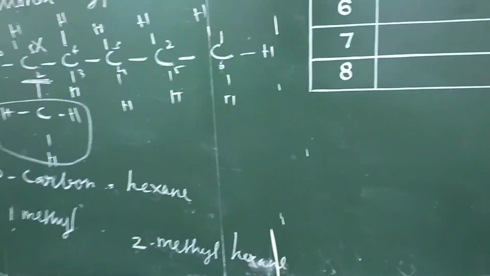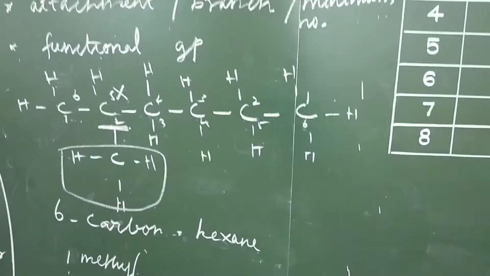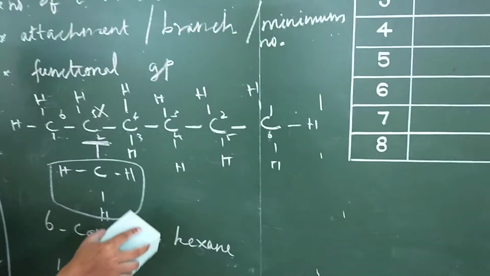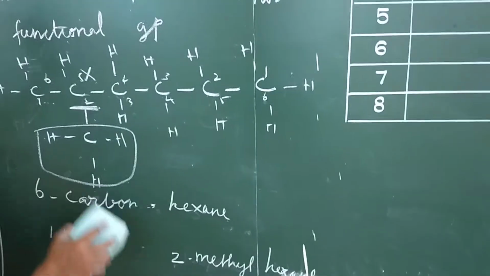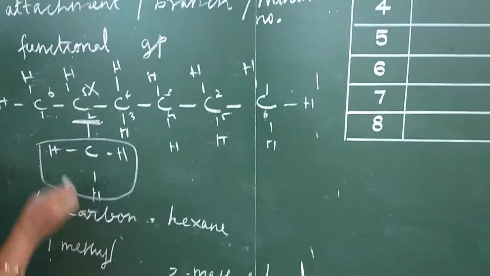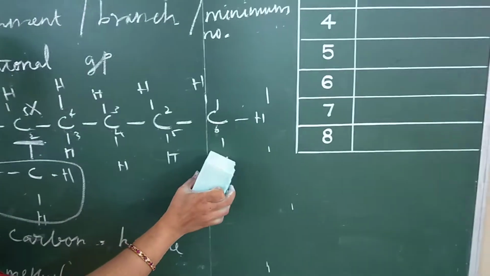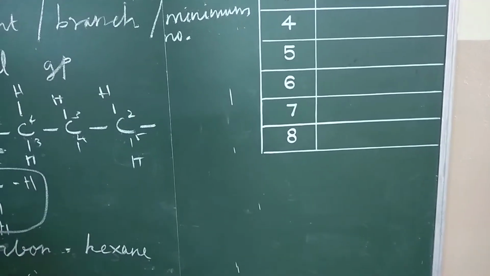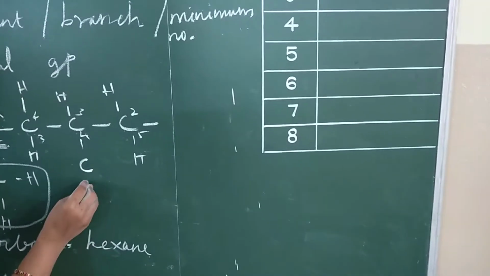Now by using this, another name for an isomer is also possible. Another isomer is also possible with the same formula. Another one: you remove the attachment and add it to another carbon atom.